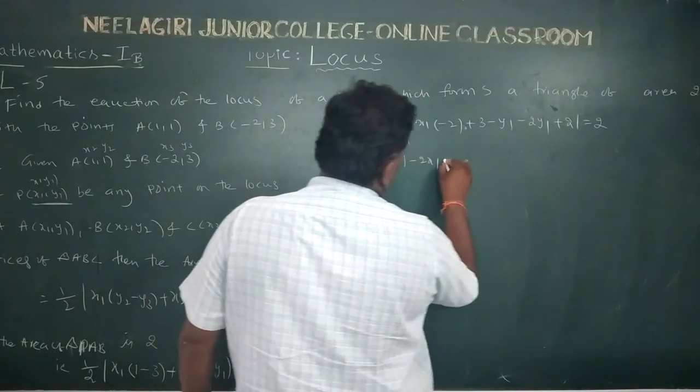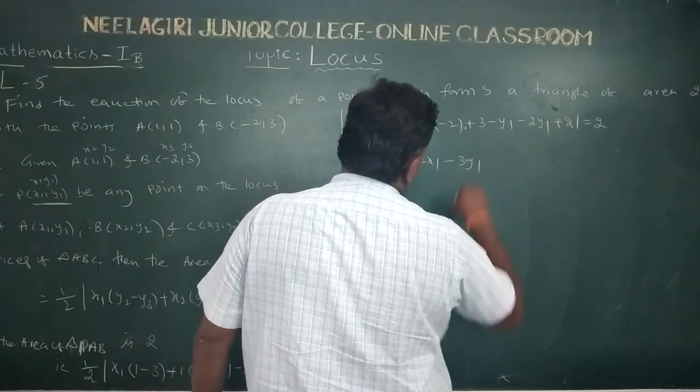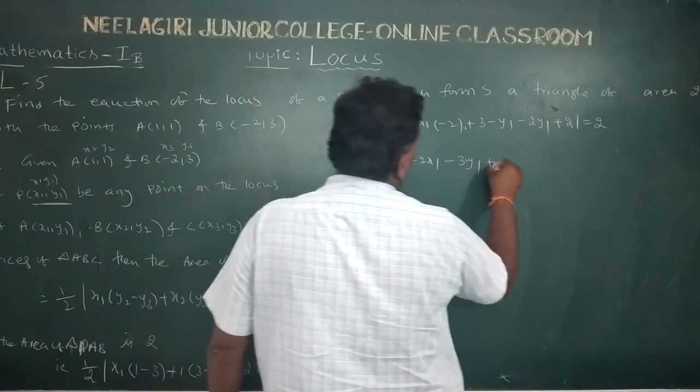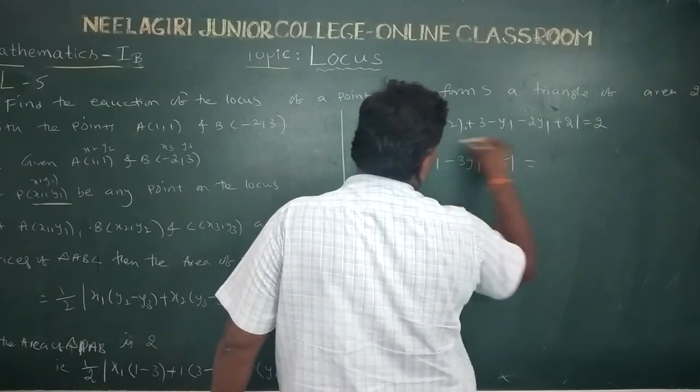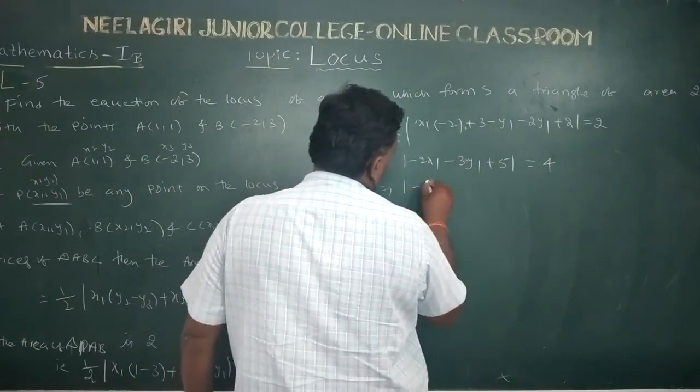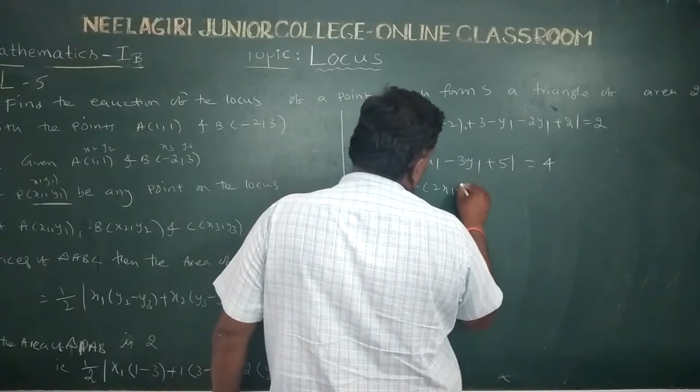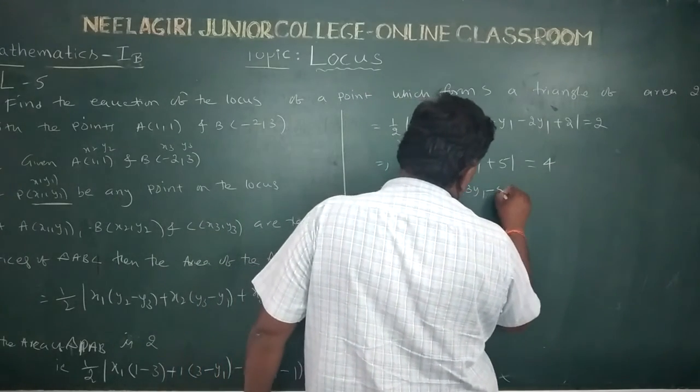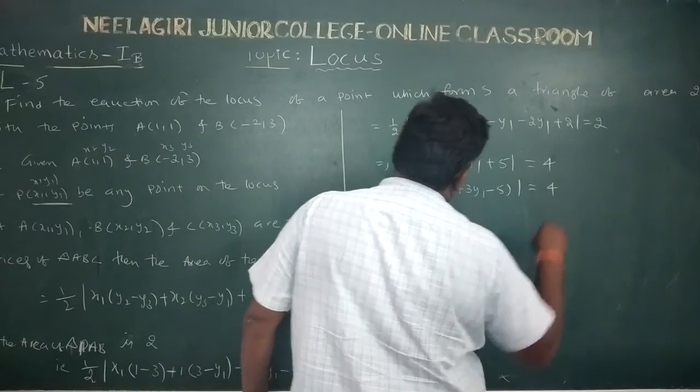Minus y1, minus 2y1, minus 3y1. 3 plus 2 how much? 5. 2 into 2, 4. Minus is the common: 2x1 plus 3y1 minus 5 is equal to 4.